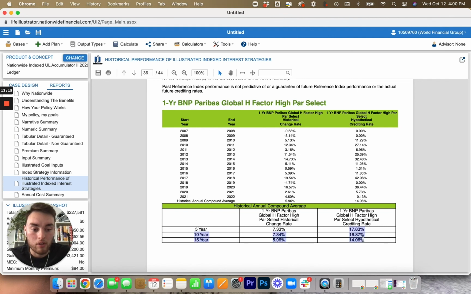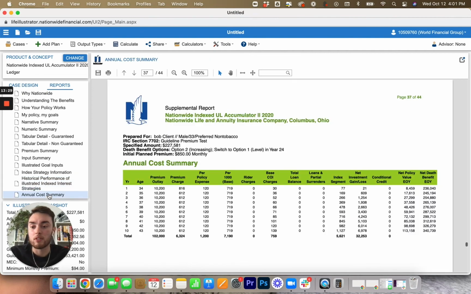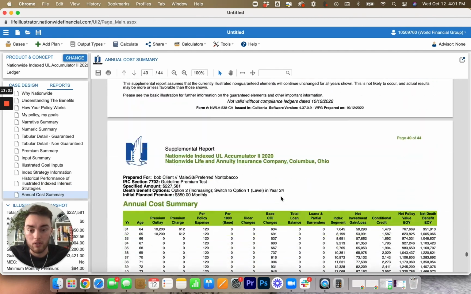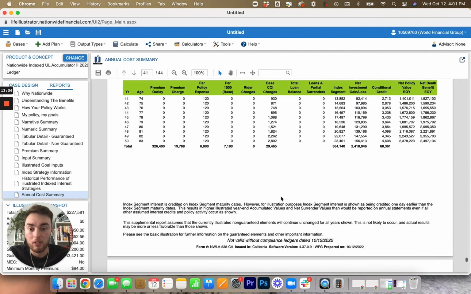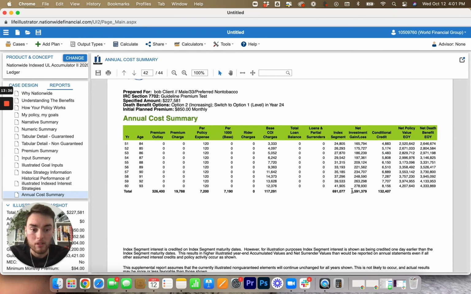This is showing the 220%, that 15.31% 30-year historical average. And so even though these numbers are extremely conservative, you can still clearly see that this policy still performs. And so that is this specific IUL that I structure, the fee breakdown getting exposed.